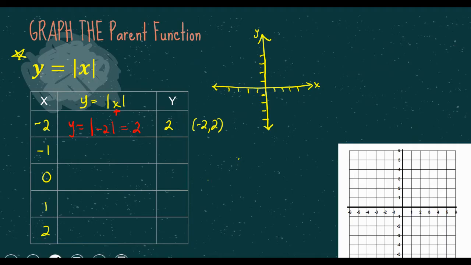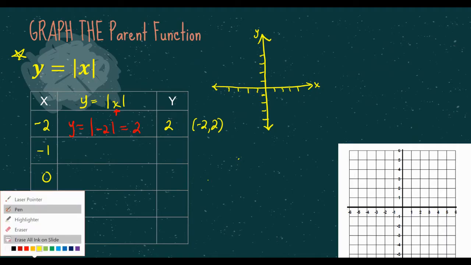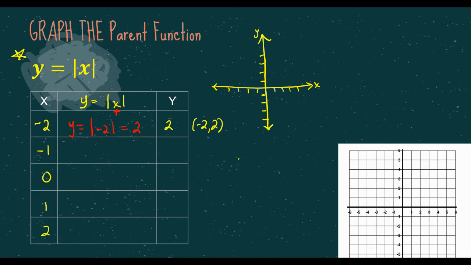And then the next one, we're going to plug in a -1. So Y equals absolute value of -1. That would come out as +1. And so we're going to put a 1 under Y. And so -1, 1 is the point that we're going to graph.